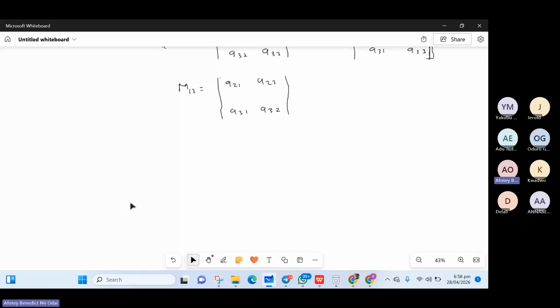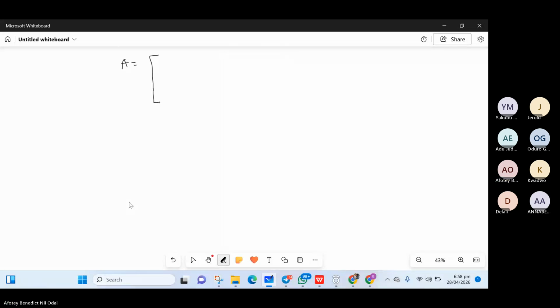Okay, so let's use this example. So let's have the matrix A being equal to 1, 2, -1, 1, 4, -2, 2, 3, and 1. Right?